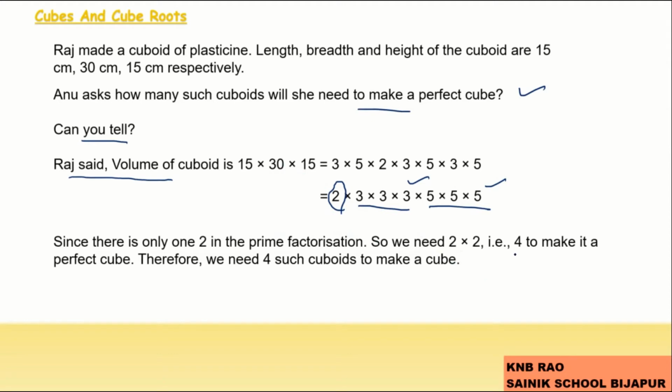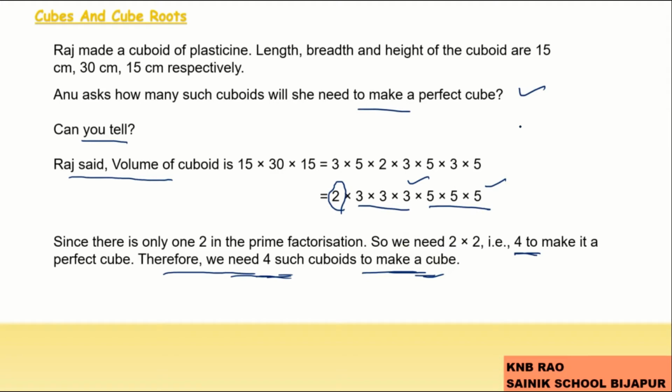That means 4 such cuboids are required, 4 more means 3 more along with this one. That means in total we need 4 cuboids keeping together to form a cube.